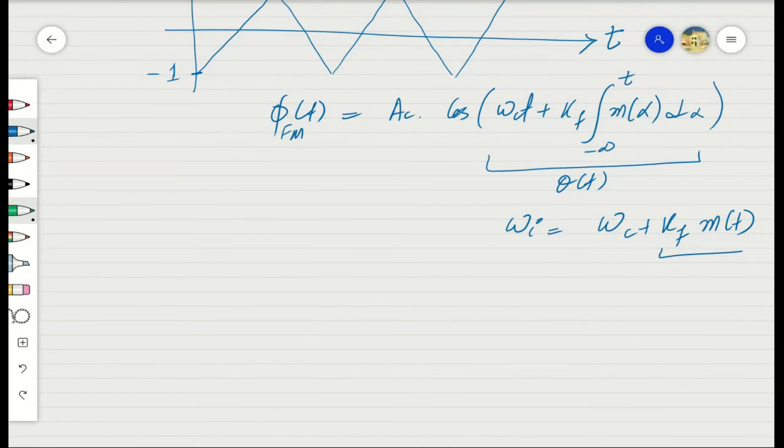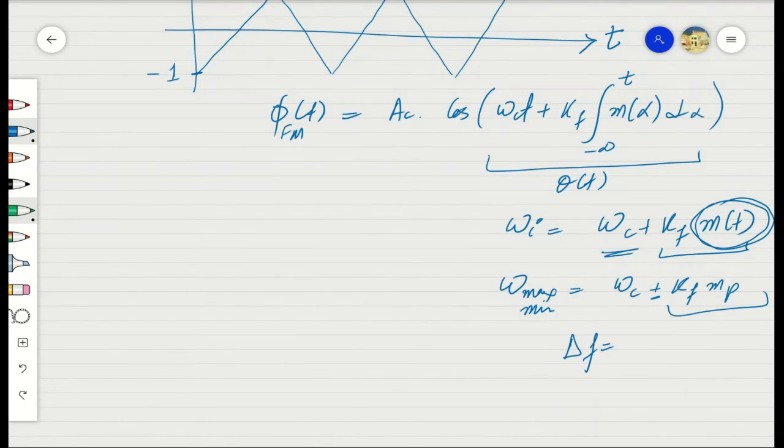The maximum deviation caused in the central frequency is experienced when the peak of the information signal arrives, and the minimum frequency is experienced when the negative peak of the information signal arrives.